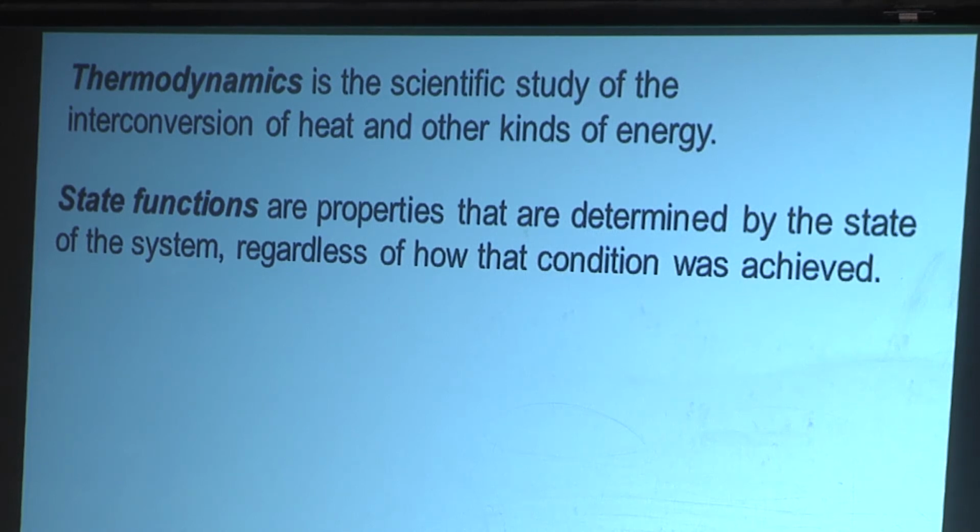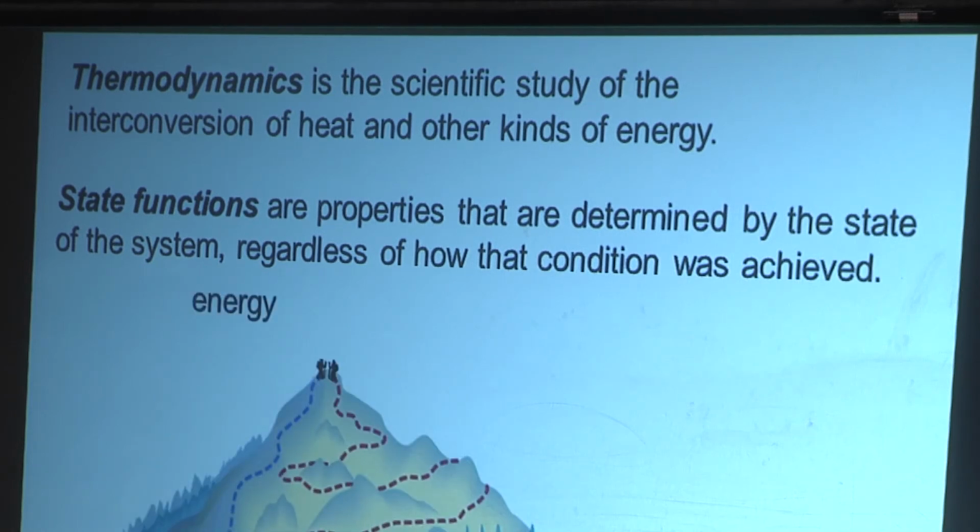And so state functions are properties that are determined by the state of the system, regardless of how that state or condition was achieved. So some state functions are things like energy. So these two hikers, there's two of them up here, right?